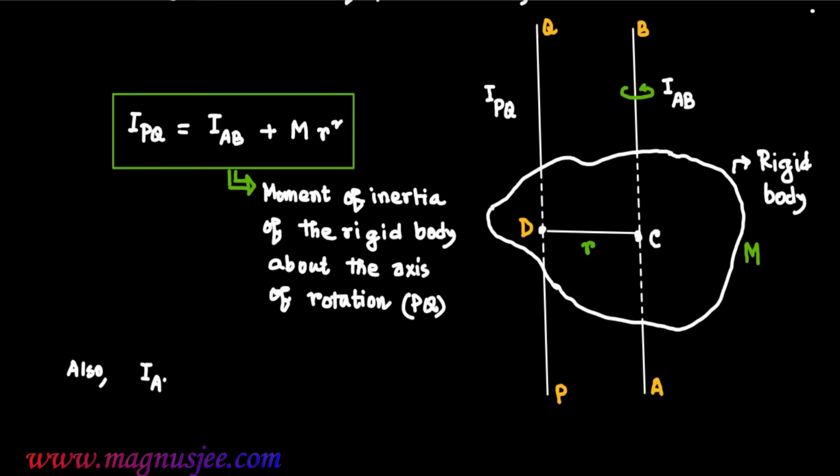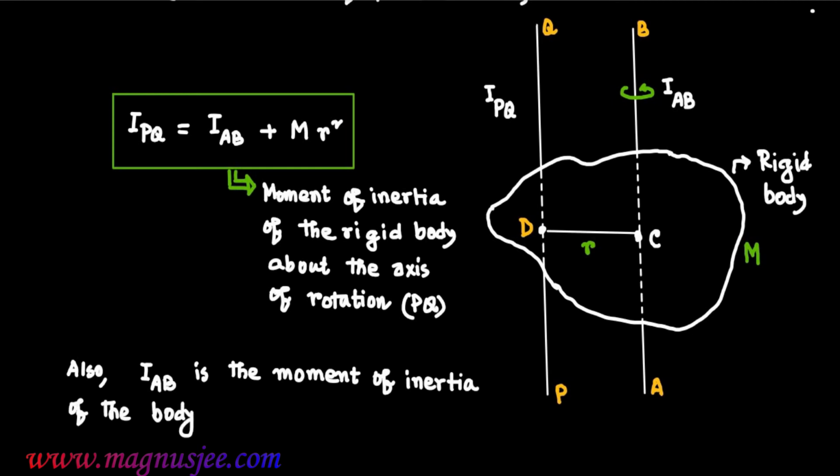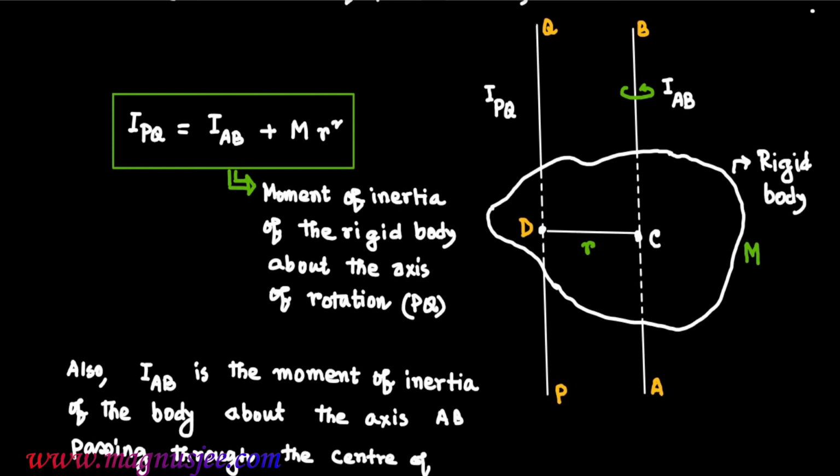Also, IAB is the moment of inertia of the body about the axis AB, passing through its center of mass C and perpendicular to the body.